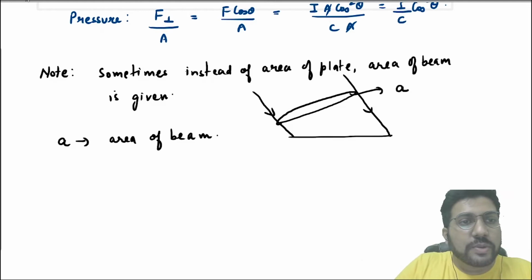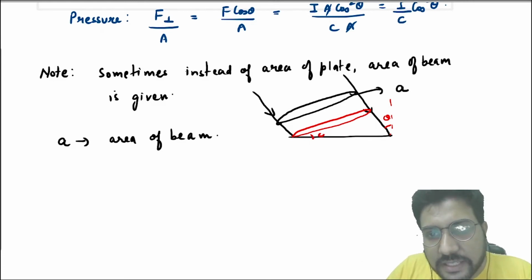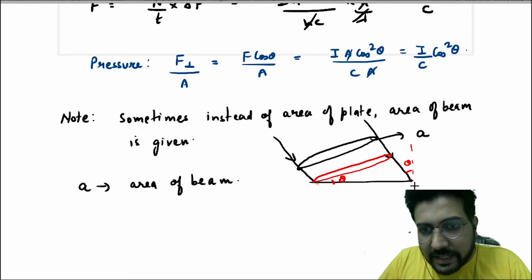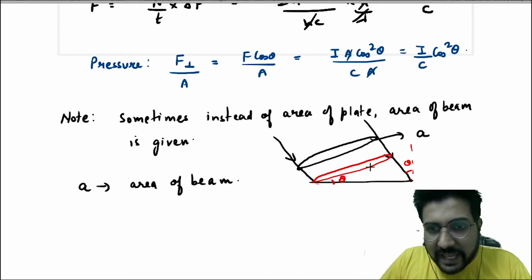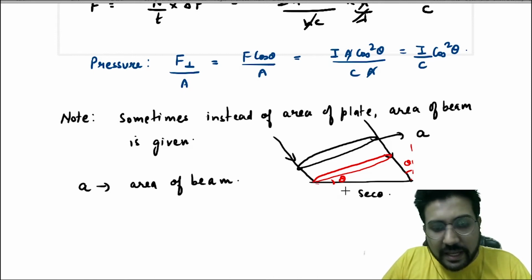So if this is the area of the beam and this angle is theta, this is 90 minus theta, this angle is theta, so the area of the surface, this surface will be a multiplied by sec theta, because this is the hypotenuse in this triangle, right? So you'll write the area of the surface as a sec theta.